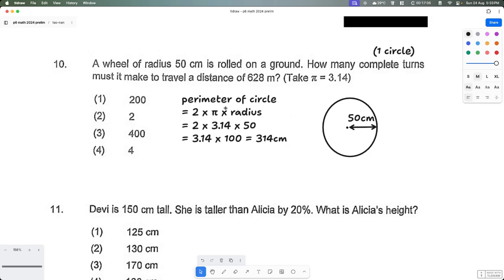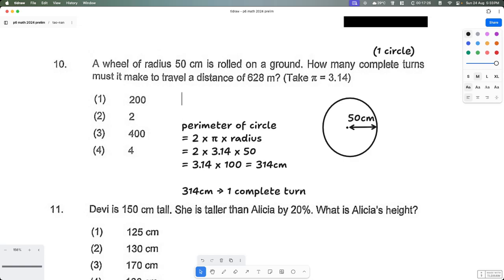So one complete turn is equal to 314 centimeter. Let's do the opposite: 314 centimeter equals one complete turn, right? So we also want to know how many centimeters is 628 meters.